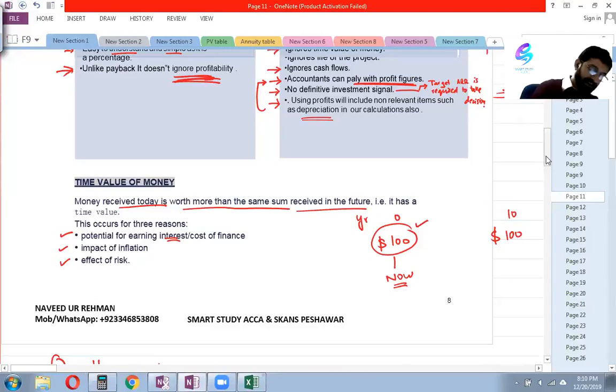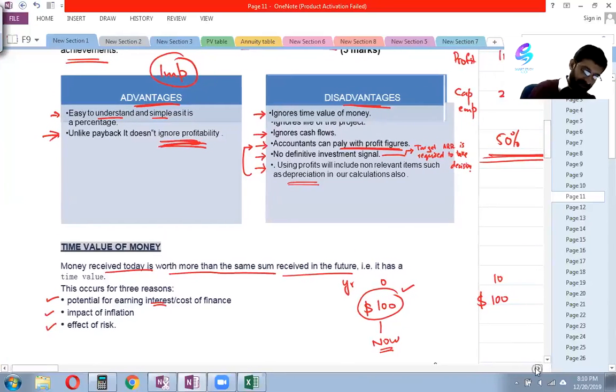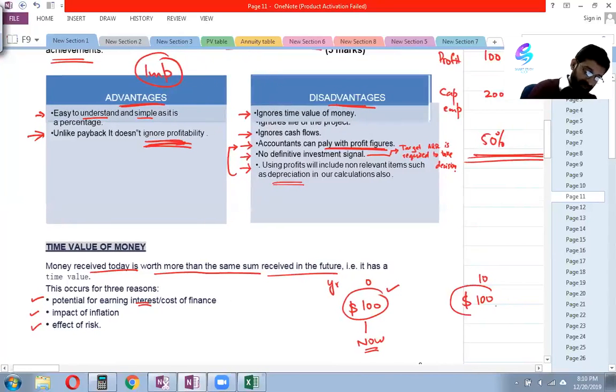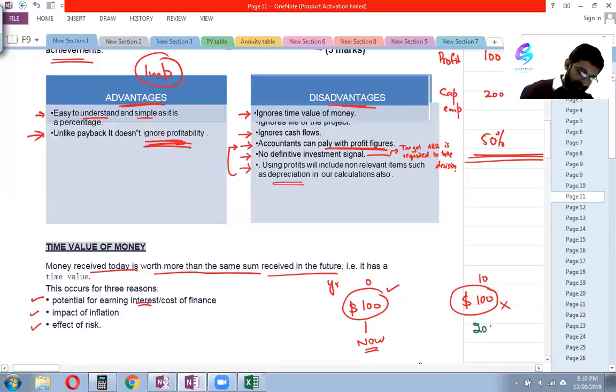But let's say if I insist that no, I have to give you after 10 years, then maybe you would say, okay, if you want to pay after 10 years, then don't pay us $100. Maybe you can pay us $200. Why? Because I cannot get interest now. I'm going to lose the opportunity of getting interest, so we can also call it opportunity cost.